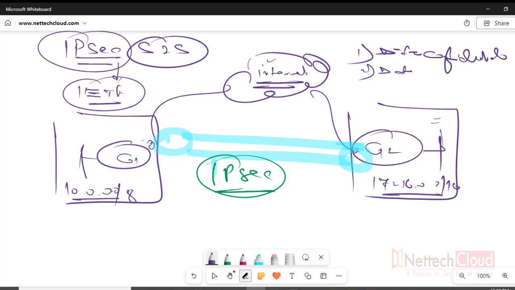Data integrity check means that during transit data is not tampered. Anti-replay means not accepting duplicate packets with the same sequence number. And data origin authentication, right?